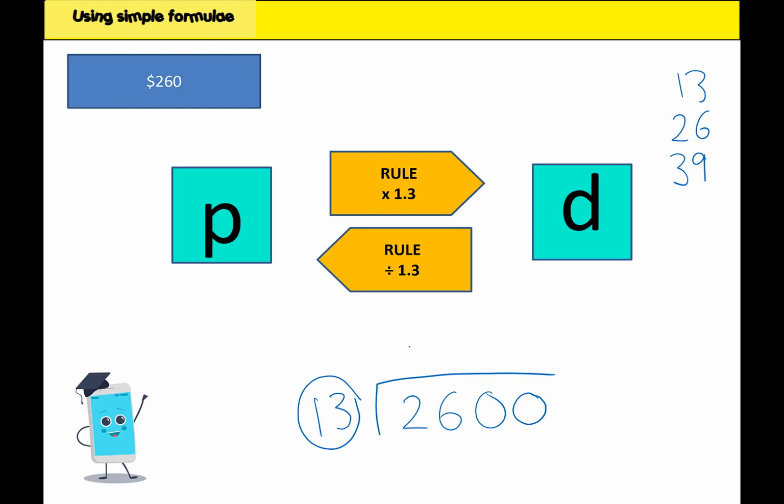So 13 into 2 doesn't go. 13 into 26, I can see in my list of multiples goes in twice. And I know that 13 doesn't go into 0 or 0. So my $260 is actually equal to £200. And that's how we convert back, by using the inverse.